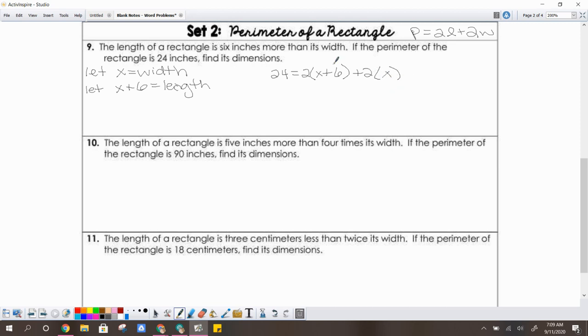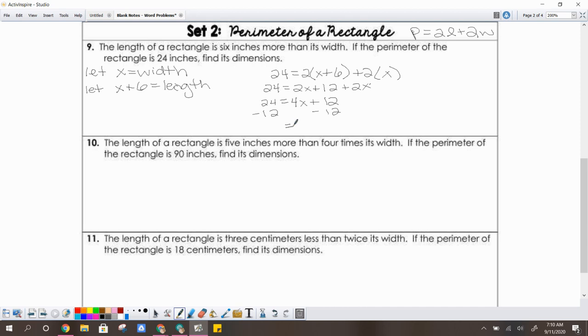So now I can go ahead and solve. Step 1 is to distribute. So 24 equals 2x plus 12, and then plus 2x. Step 2 is to combine like terms. So we have 4x plus 12. Step 3 is to get rid of this plus 12.